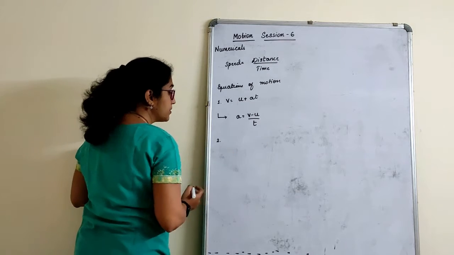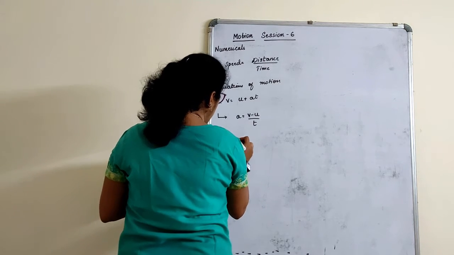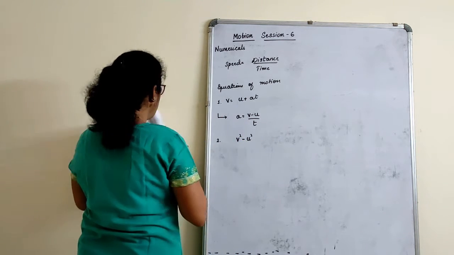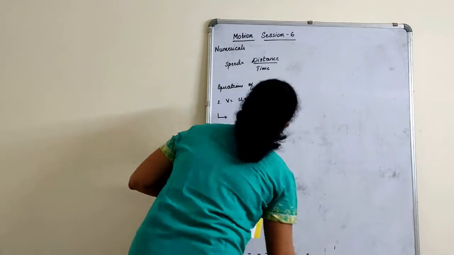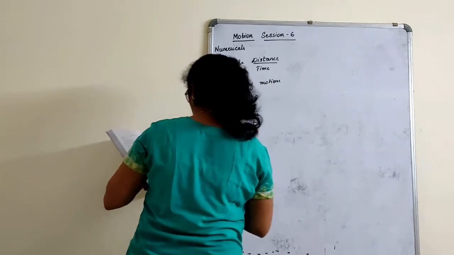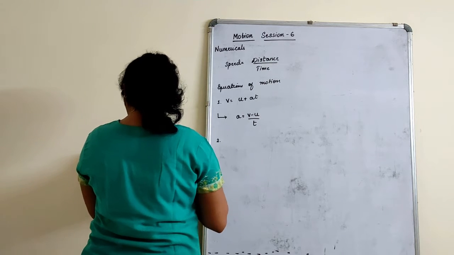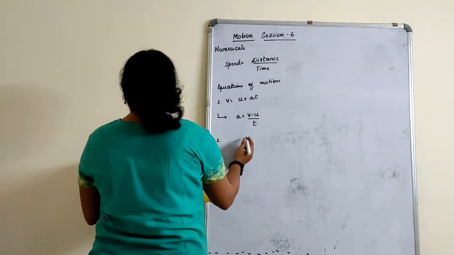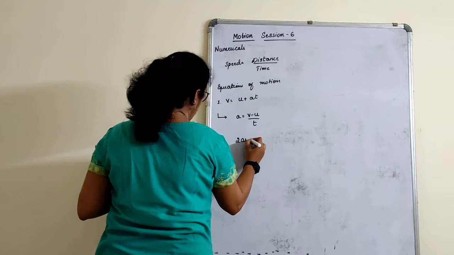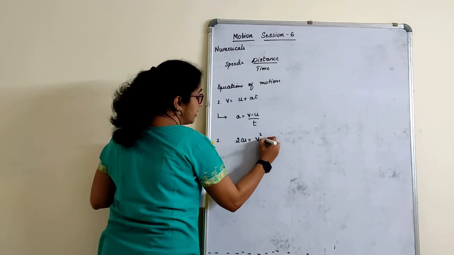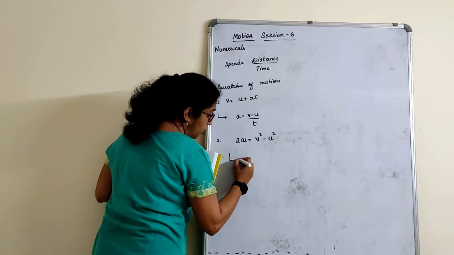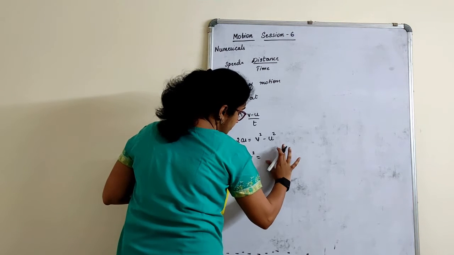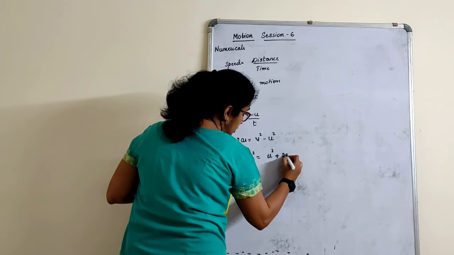Second one. We have V square minus U square, or we can also write this in the form of, let me write it how it is given in the book. 2AS is equal to V square minus U square, also written as V square is equal to U square plus 2AS.